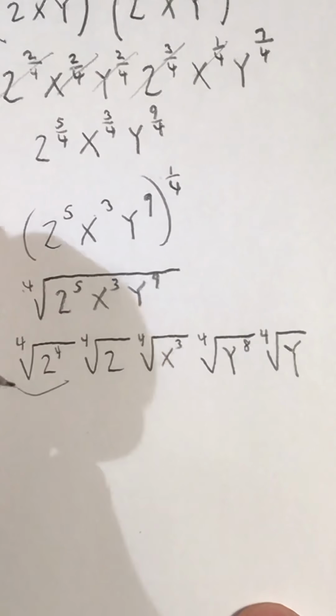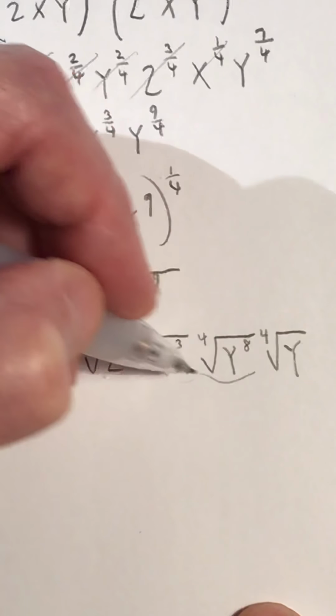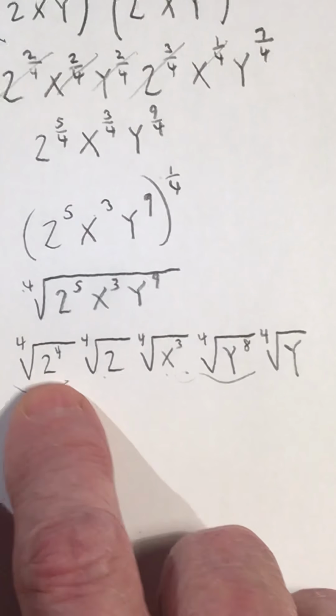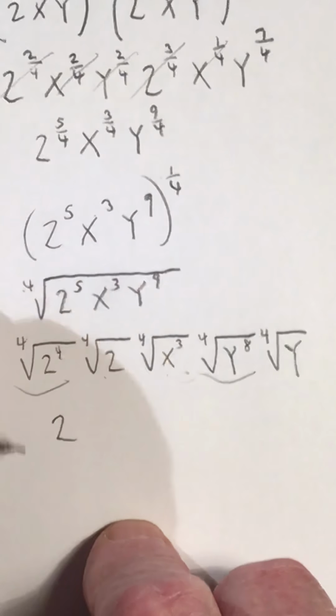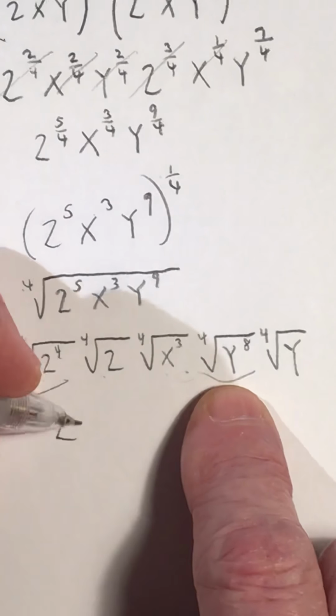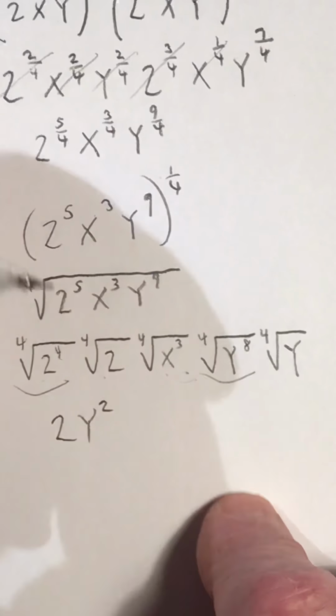And this will change, and this will not change, this will not change, this will change. This becomes 2 to the 4 divided by 4 is 1, just a plain old 2. And this becomes y to the 8 divided by 4 is 2.